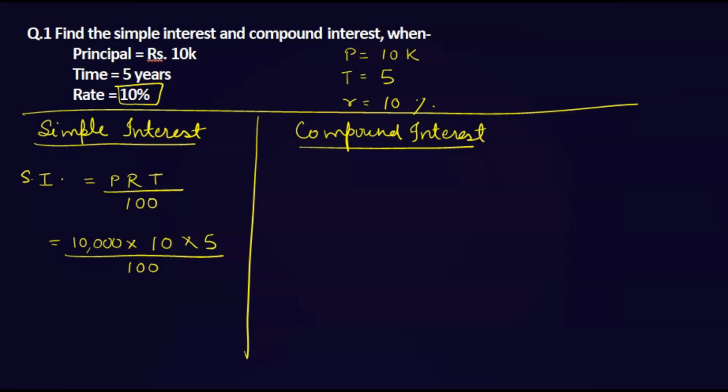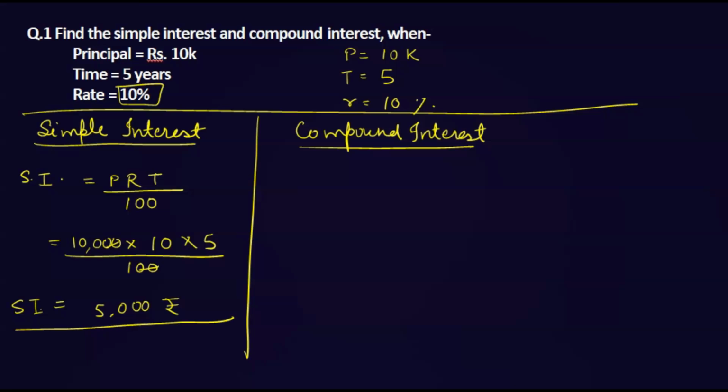So in the numerator we have written 10 and in the denominator 100. When we solve it, the zeros cancel, and that will be 5,000. 5,000 rupees is the simple interest, okay, that you will get.